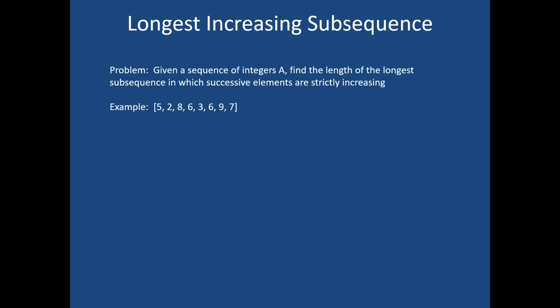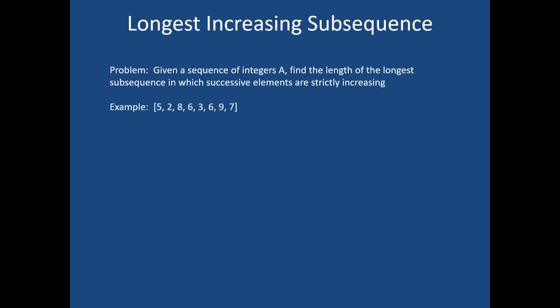Given a sequence of integers, like you see there, find the length of the longest subsequence in which successive elements are strictly increasing. By subsequence, I don't mean contiguous. I just mean throw away some numbers, so what you've got left is in increasing order. And I want the most numbers you can have left in that process. Clearly, if we threw away everything except the 5, we would have an increasing subsequence.